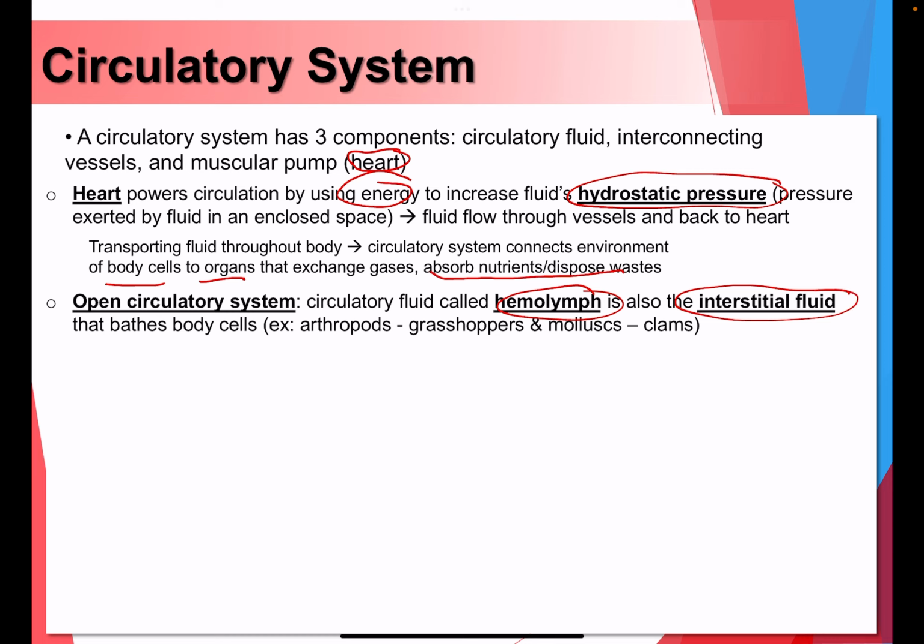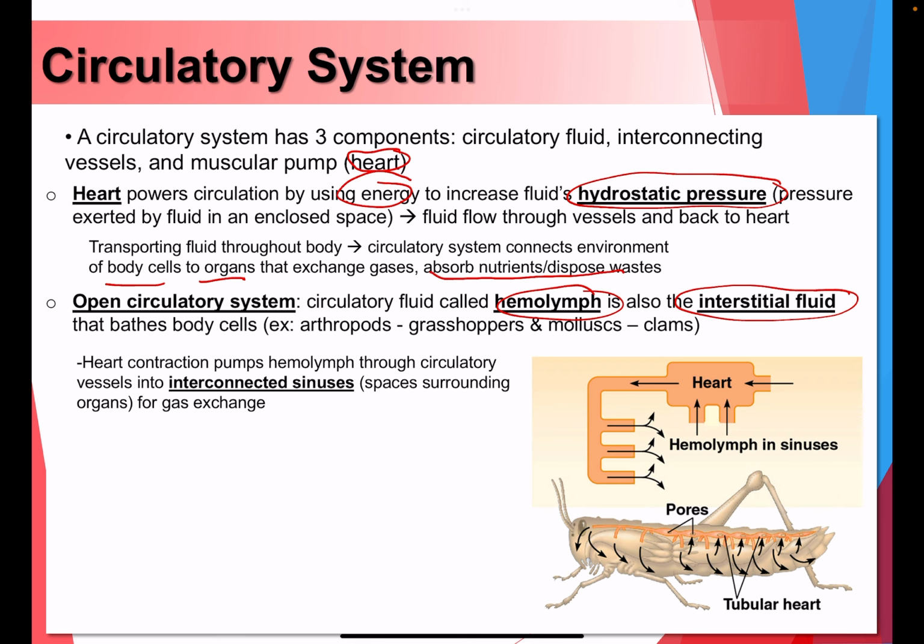It is fluid in direct contact with the cells, tissues, and organs of the body. So the hemolymph, which is also the interstitial fluid, will bathe these body cells with whatever nutrients they need and then take away whatever waste they have. Animals with open circulatory systems include some arthropods like grasshoppers and mollusks such as clams, which we mentioned in the previous chapter.